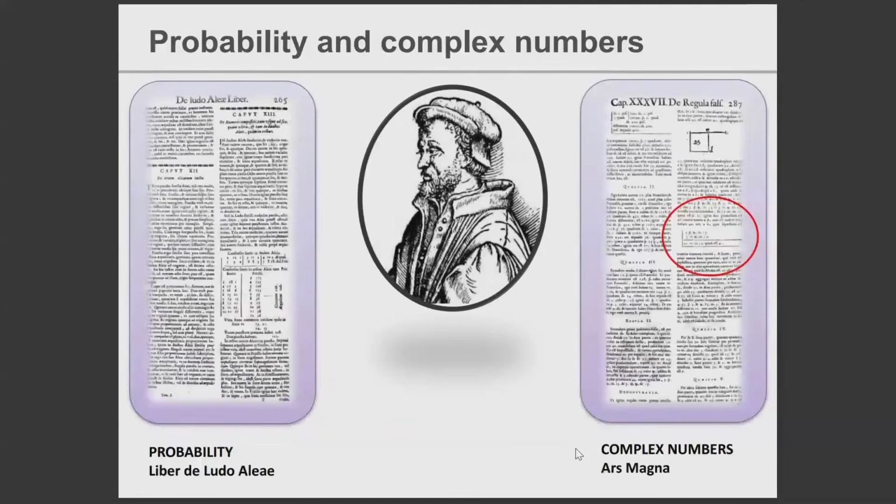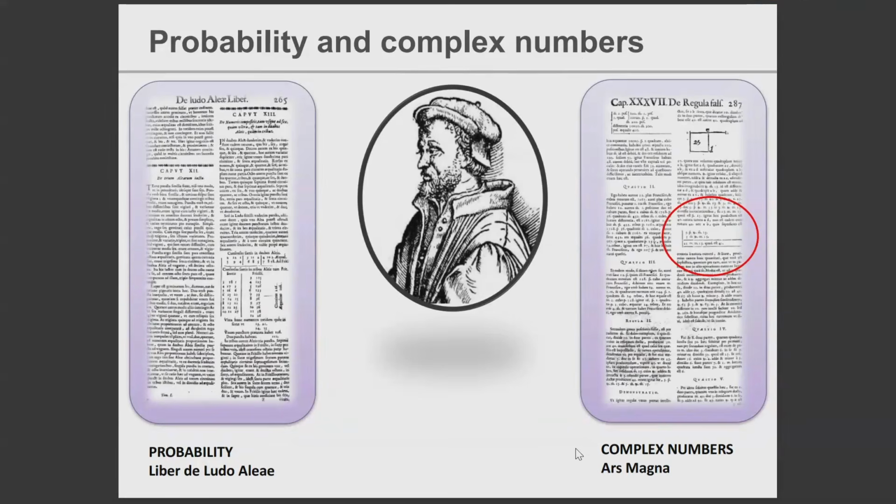So as I said, he came up with the two tools that we use today: complex numbers and probability. If you think that probability theory was actually cooked up by a bunch of French mathematicians, you're wrong. He came about one century before.